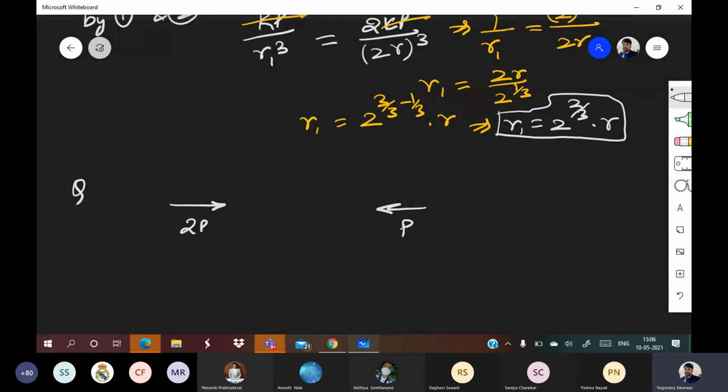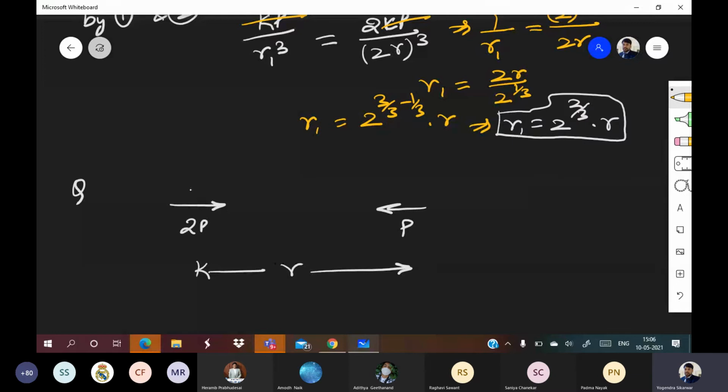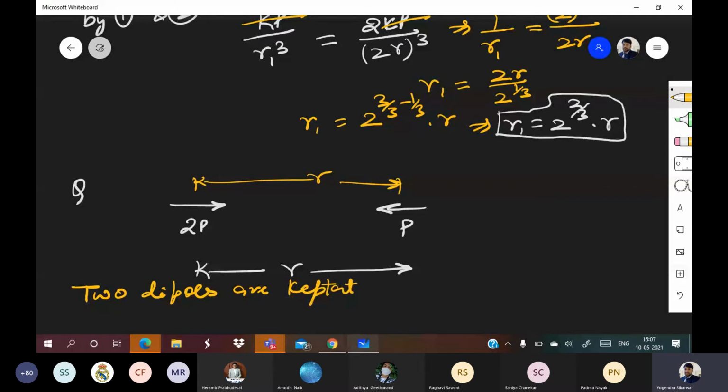Separation between them is R. Now there is a point in between somewhere, I don't know where, where net electric field is 0. So two dipoles are kept as shown.